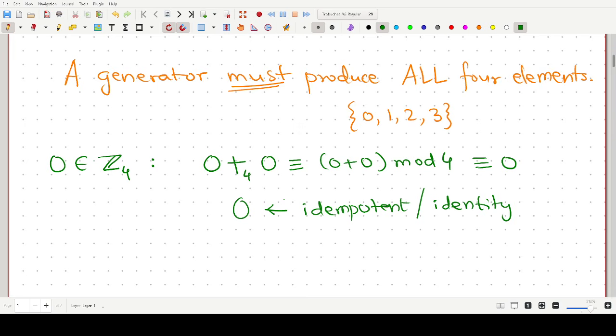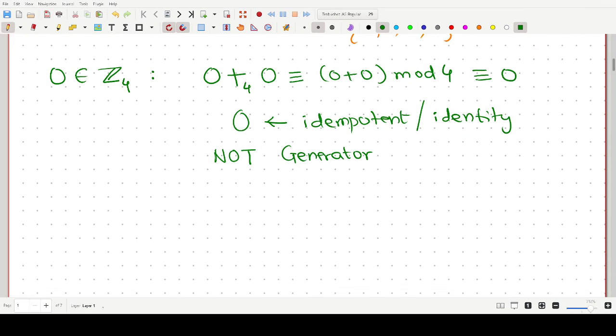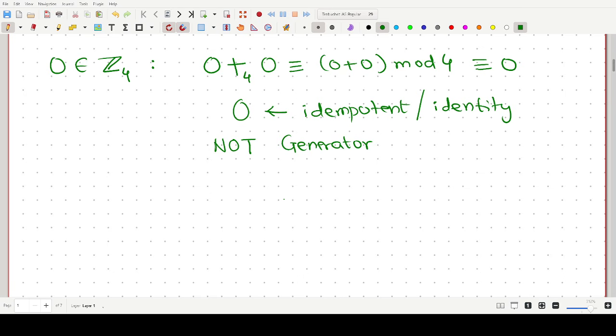Hence 0 is not a generator, because however many times you use this operation with 0 on itself, you're going to get 0. We have just seen that the group generated by 1 is same as Z4. So 1 is a generator.